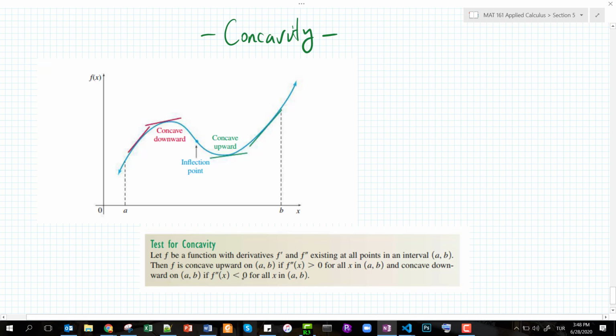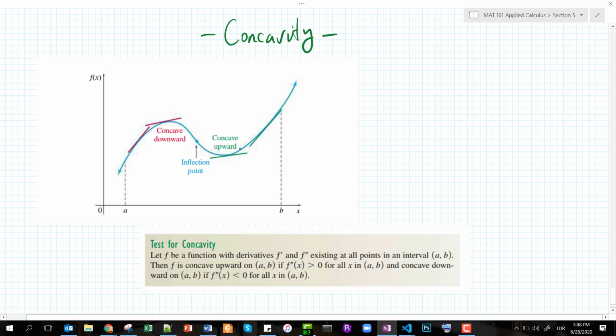It's time to talk about concavity. As you see from the graph, we have two situations here: the concave upward region of this graph, and then the concave downward region of this graph. If I have the hill right here, you can definitely say the function is concave downward here.